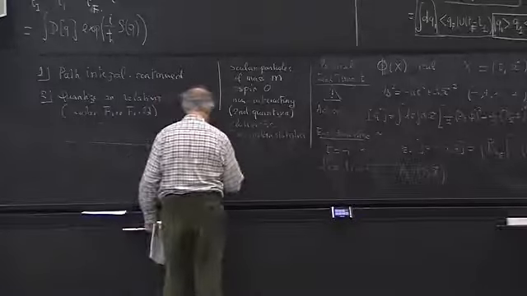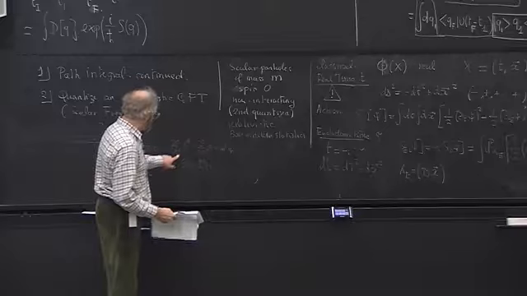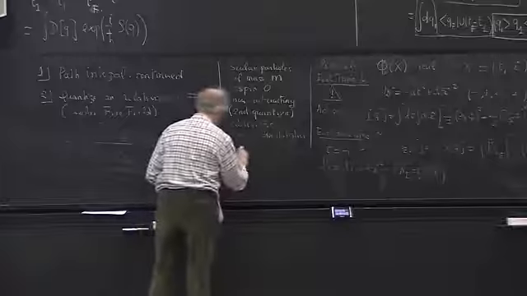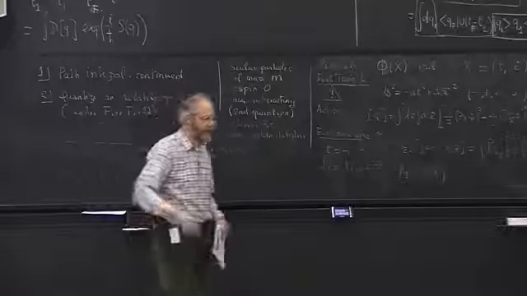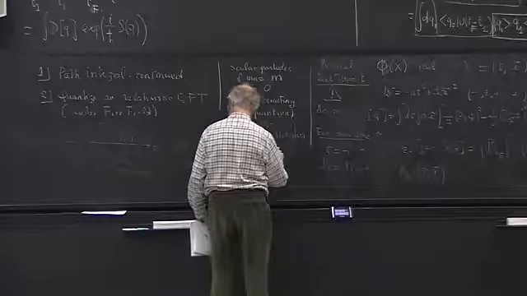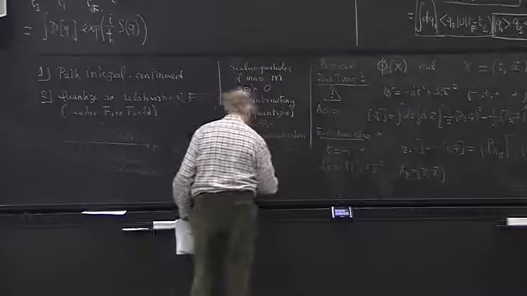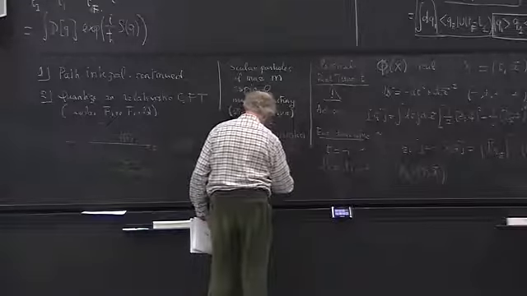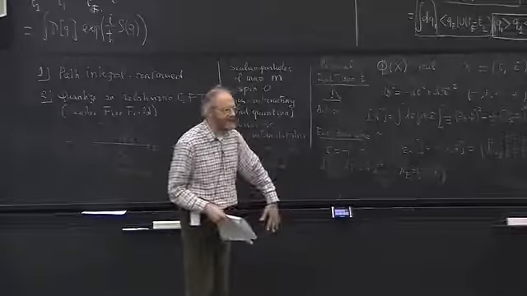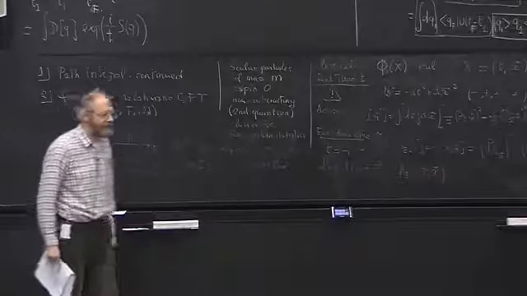You realize that the solutions of the equation of motion are just plane waves. So they depend as exponential i omega t or exponential minus i omega t with omega squared equal k squared plus m squared. And these exponentials, you can analytically continue them. So for a specific solution of the equation of motion, you can make an analytic continuation.